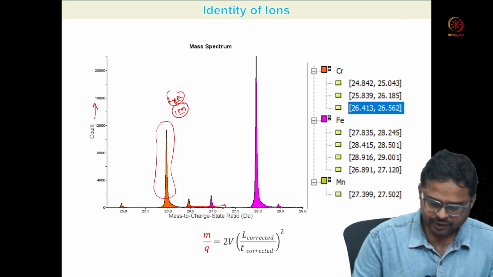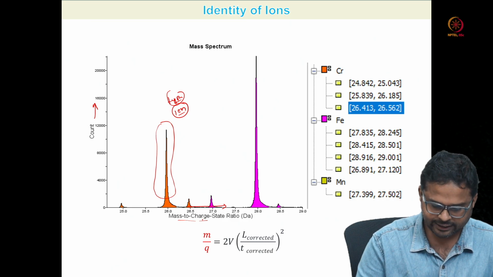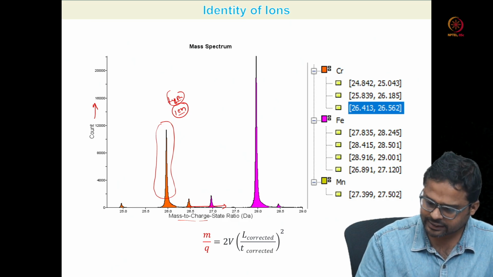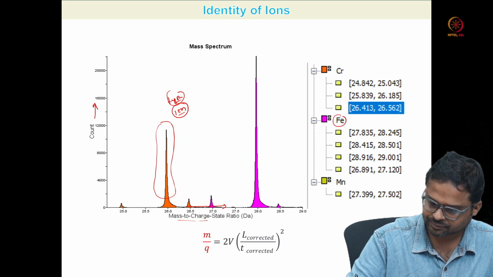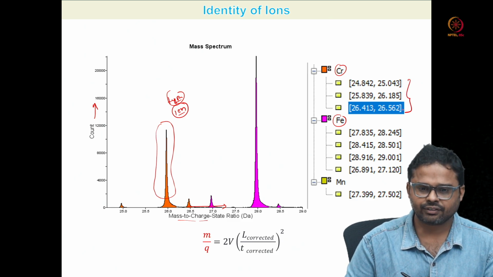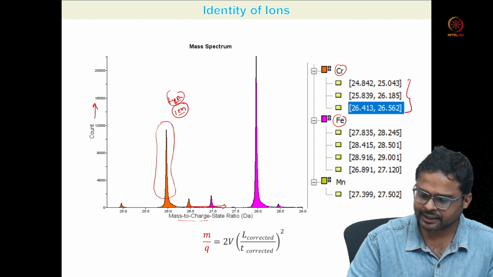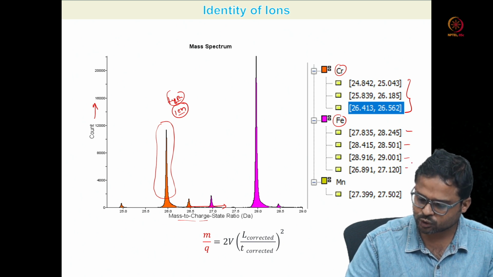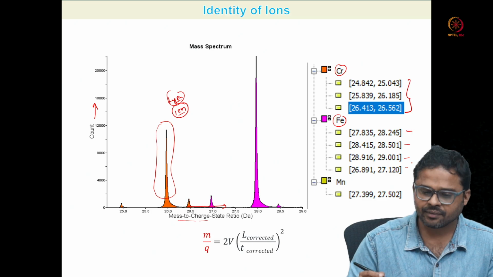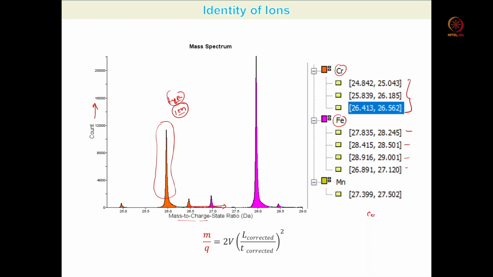So if you calculate the mass to charge ratio based on the time of flight, you can see that for a single element like chromium, you have different charge states, correct? So for chromium you have 1 plus, 2 plus, 3 plus. For iron you can also see 1 plus, 2 plus, 3 plus. So you can have different mass to charge ratios for each species, okay?